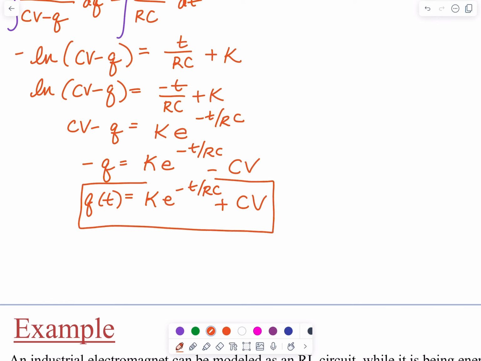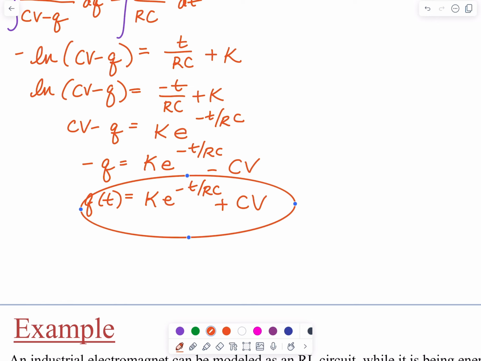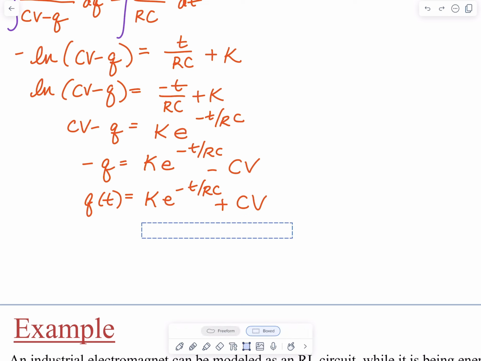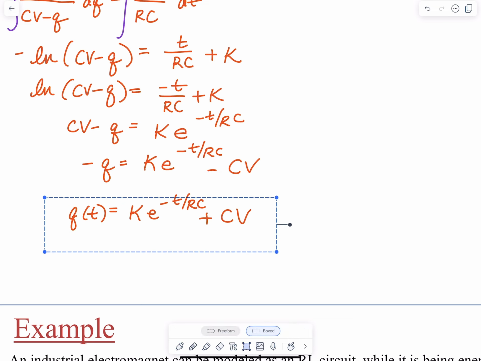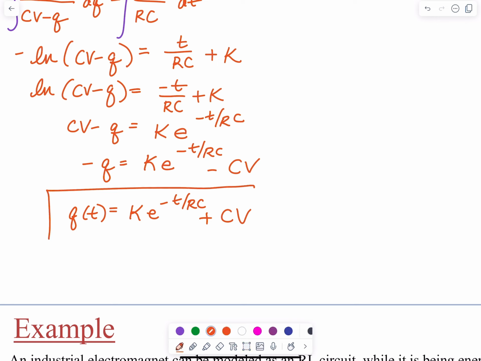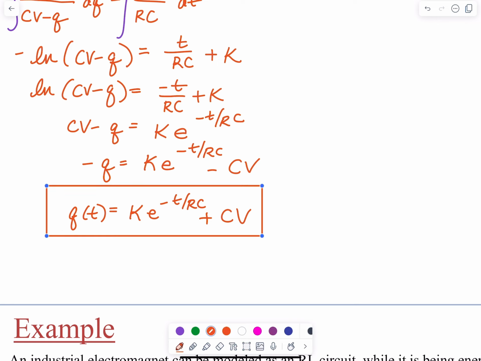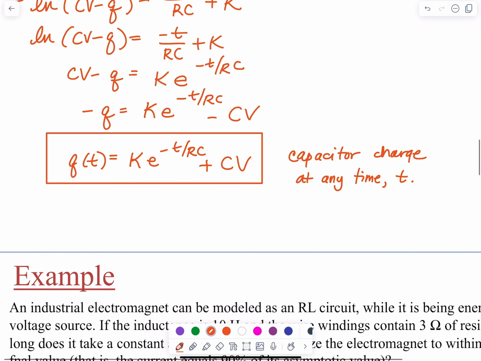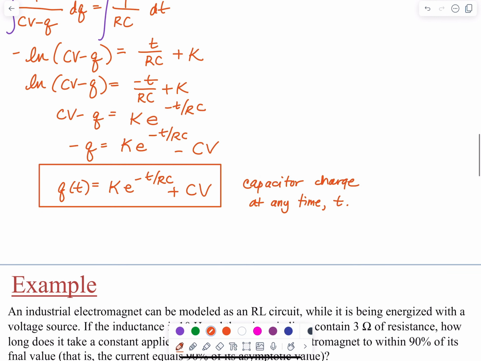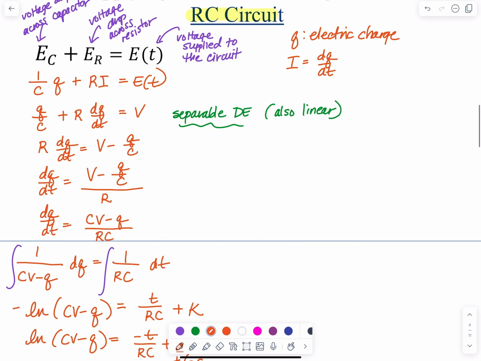And that is our solution. I'm going to move that down just so we kind of keep that separated, and we definitely have the solution to our differential equation. And this is our capacitor charge at any time t. Okay, let's go ahead and work our first example, but let's keep in mind that this is our solution to our separable DE.